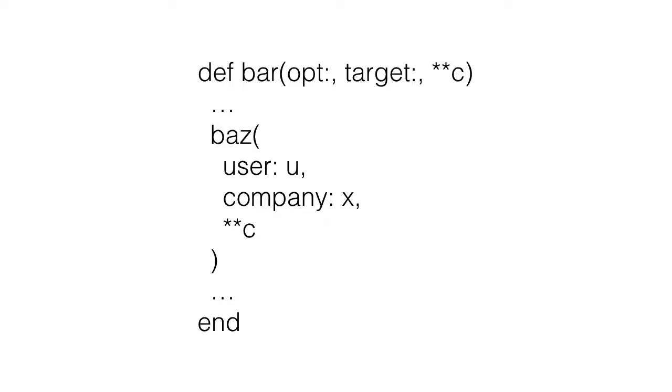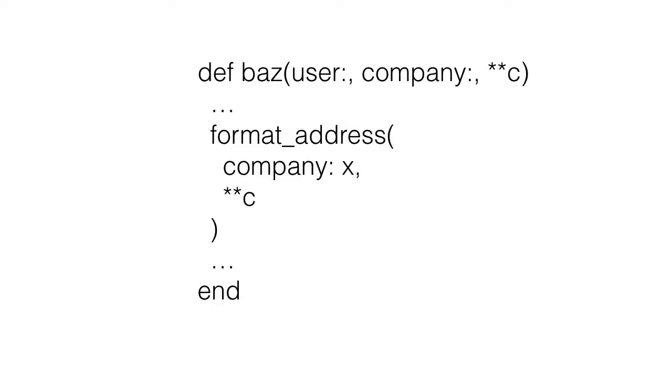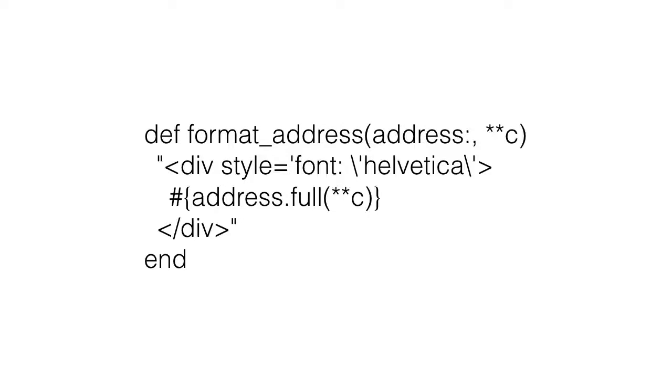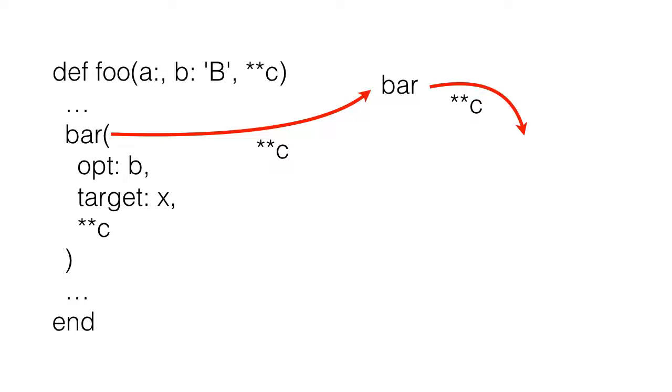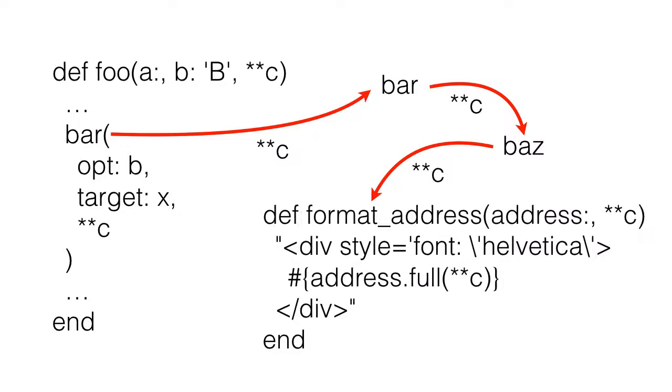Foo called bar. Bar does the same thing. Bar calls Baz. Baz does the same thing, and it's calling our old friend format address, and it in turn does the same thing. What have I done here? Well, foo is calling bar and passing on C, just calling Baz, passing on C, calling format address.